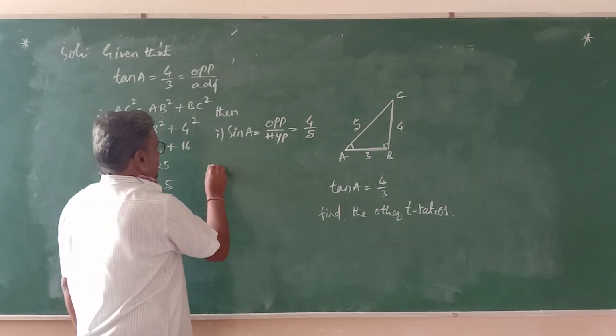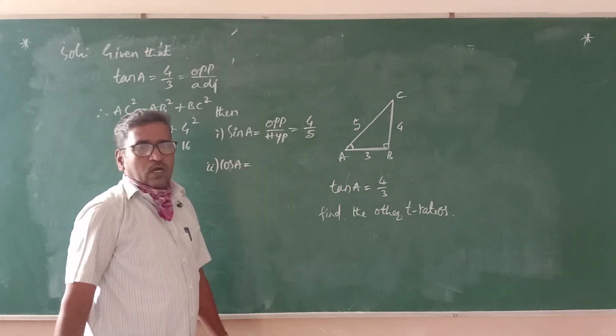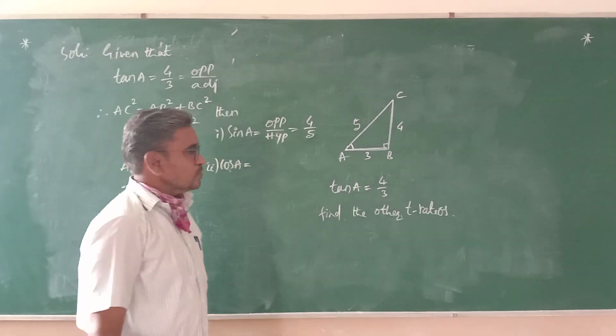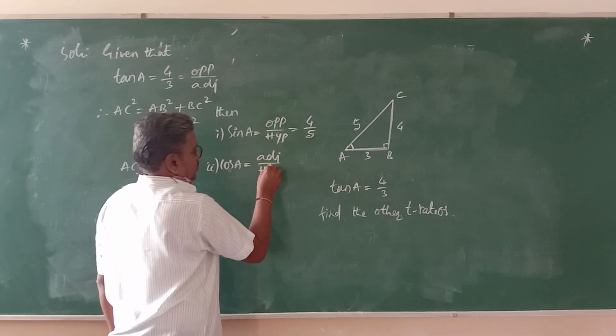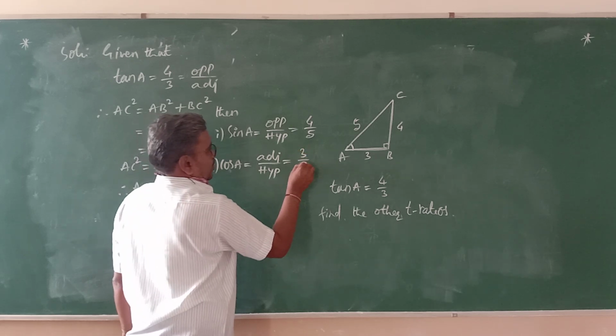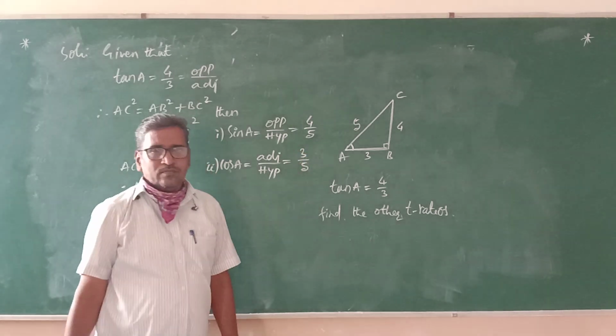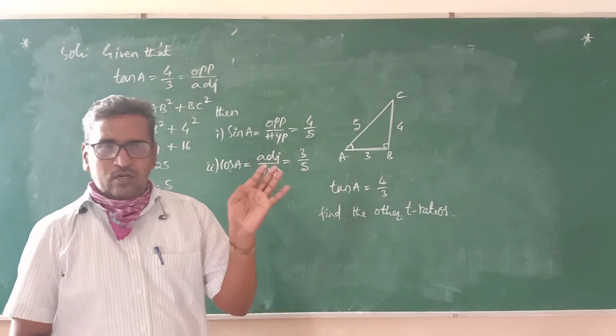Secondly, cos A is adjacent upon hypotenuse, that is 3/5. Once you know sin and cos, you can write all the remaining ones.